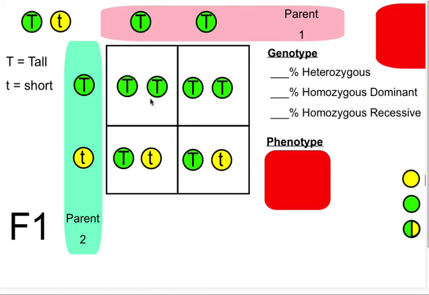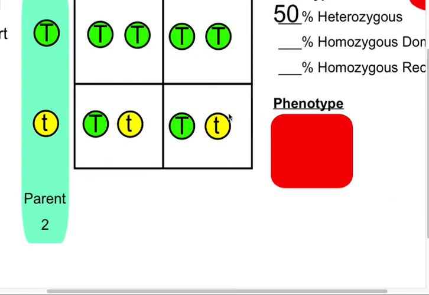Now, if we look at this, how many are heterozygous? Heterozygous means they're different, right? So this one has different alleles, and this one has different alleles. That's half, so we can say 50% are heterozygous. What percent are homozygous dominant or homozygous recessive?